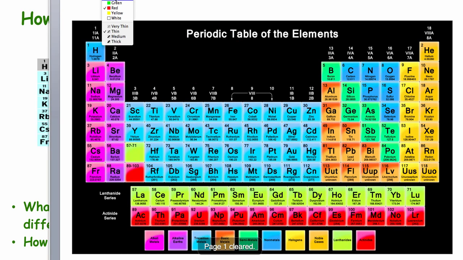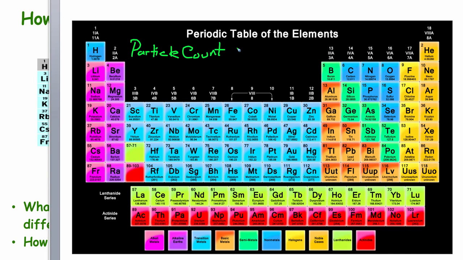So we have, let me do this in green, particle count tells us the atomic mass. And so how do we determine the atomic mass? Count the particles in an atom. The number of particles in an atom is the particle count of that atom.